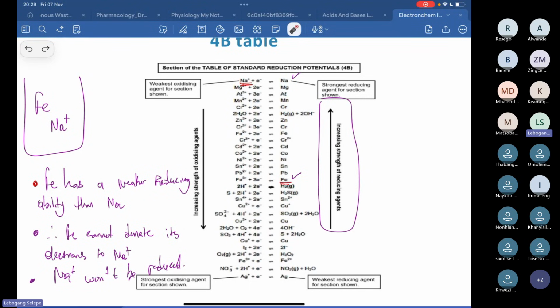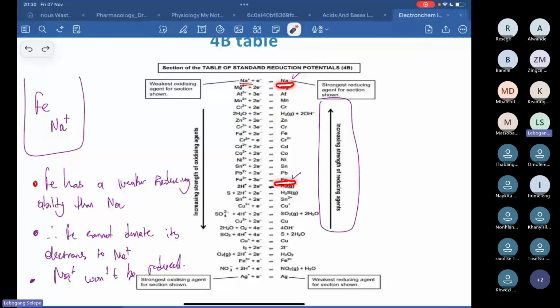Explain that using the strength of reducing ability. You're going to say that Fe has a weaker reducing ability than Na. I can't compare the reducing ability of Fe and Na plus, because Na plus is not even a reducing agent. It wouldn't make sense. So I'm going to compare Fe and Na.